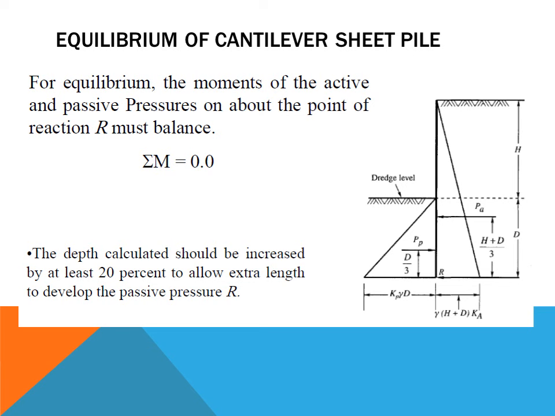We need to find the equilibrium between the active and the passive side. At first we need a point O, where we balance the reaction R, so that the summation of the moments from the passive and active sides equals 0. After we get the depth of the sheet pile wall penetration, we can further increase it by at least another 20% to 30% to allow extra length to develop the passive pressure R.